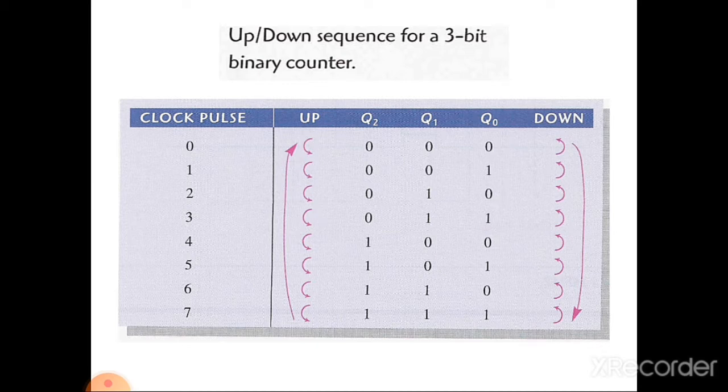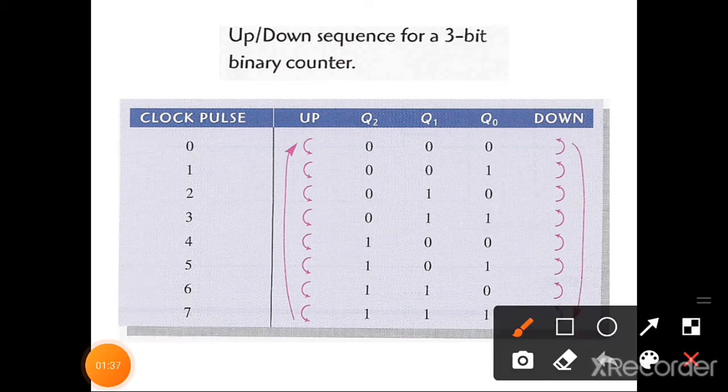Next consider the case of Q1. When will Q1 change? For upward counting, Q1 toggles, changing from 0 to 1, when Q0 goes from 1 to 0.